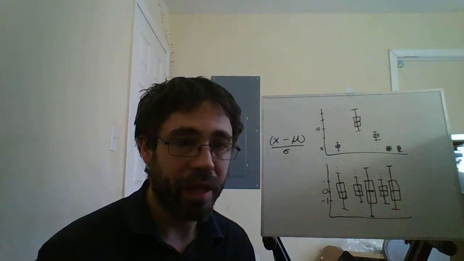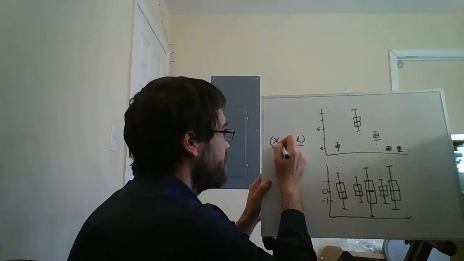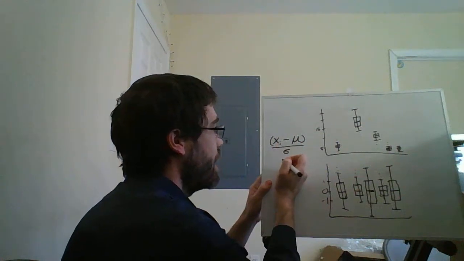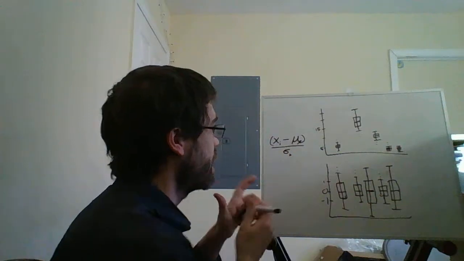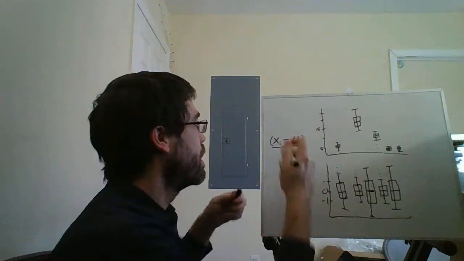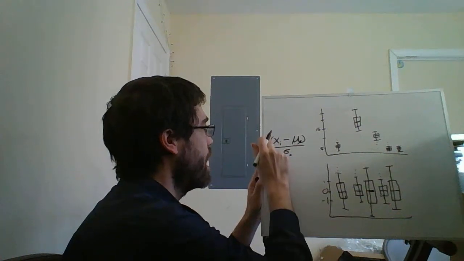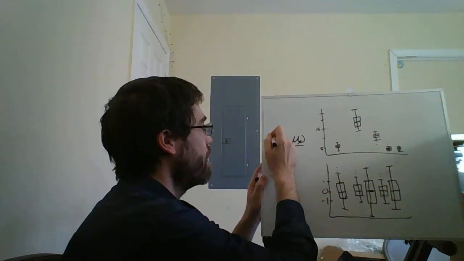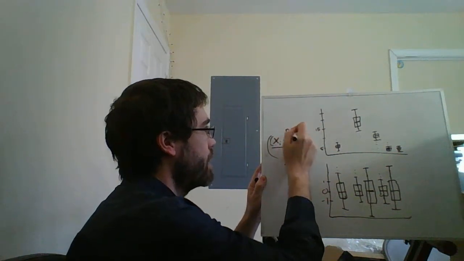Now, if we were to repeat this for every value in a data set, so say we add x_i, mu_x, sigma_x, so now we actually have, not a sum, but all this for i equals 1 to n, essentially.